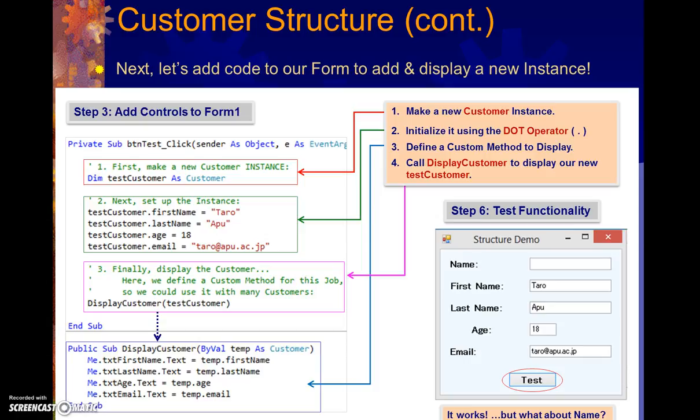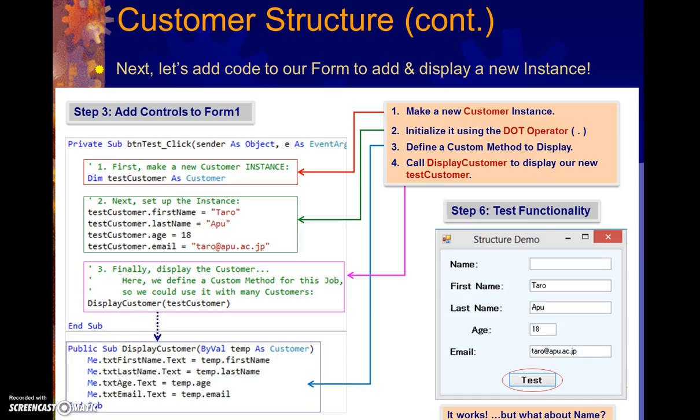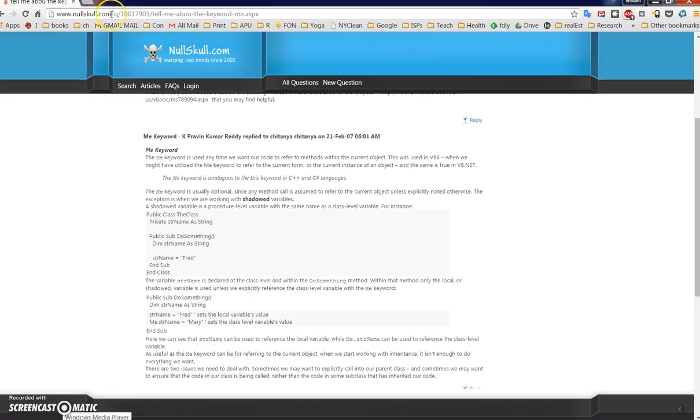Now, to explain what that me is, actually this last screen, I tried to put it in here. It obviously didn't show up very well. But you can see it if you check this address up here. He says it's usually optional, but he says the exception is when we're working with what are called shadow variables. A shadow variable is a procedure level variable with the same name as a class level variable.